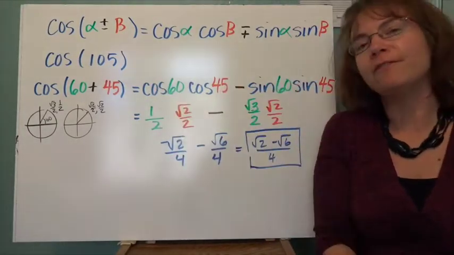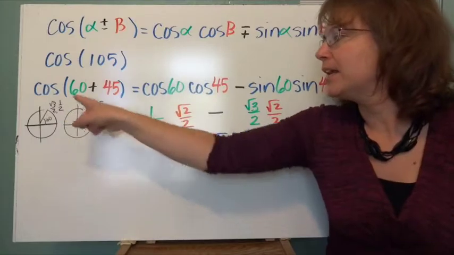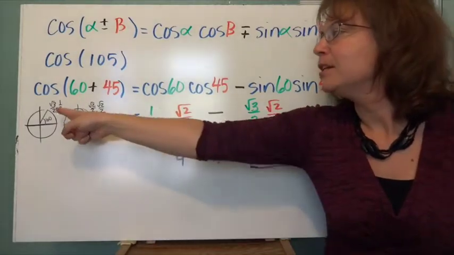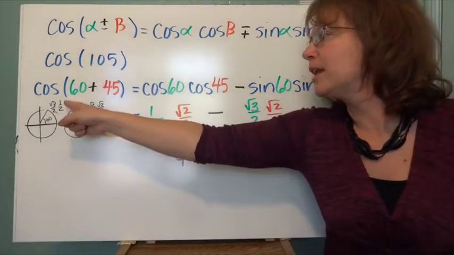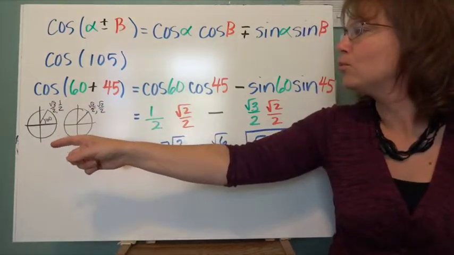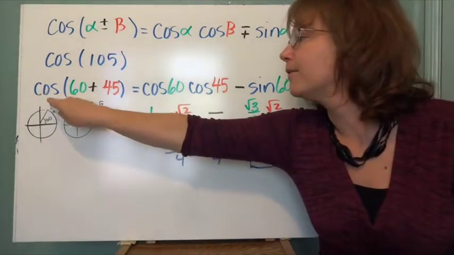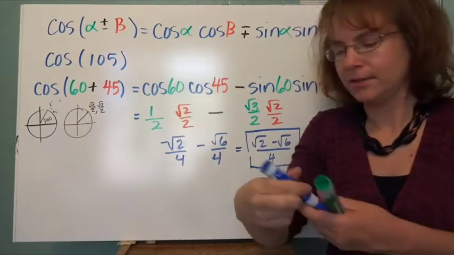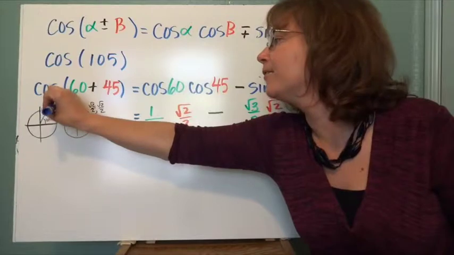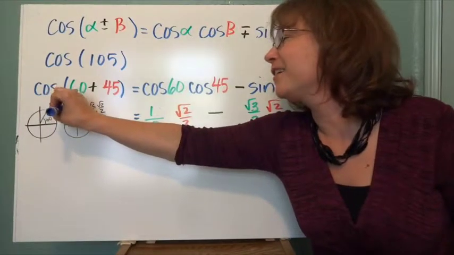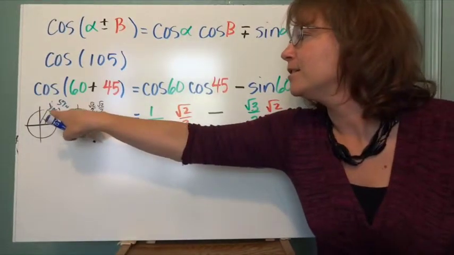Now 60 and 45 are on the unit circle, so I went ahead and drew them on the unit circle. So here my cosine of 60 degrees is just 1/2. Oops, I have this wrong right here. So this is 1/2, comma, rad 3 over 2. That's a common error to make.